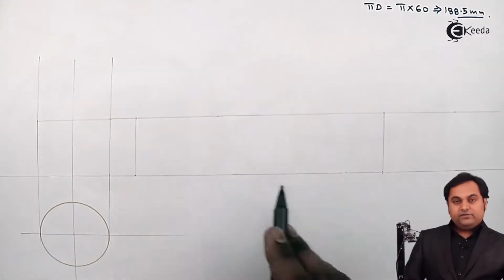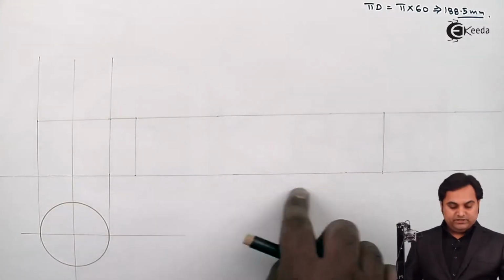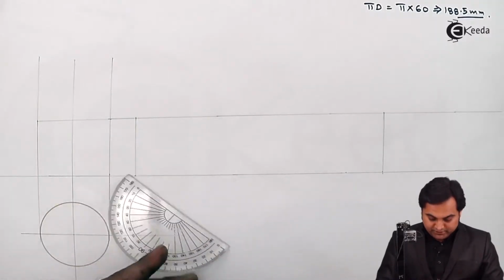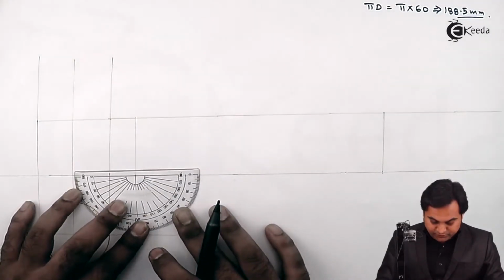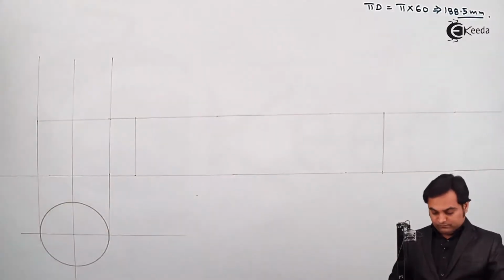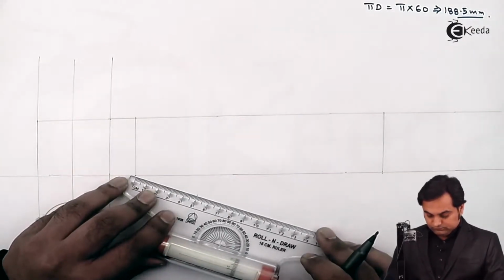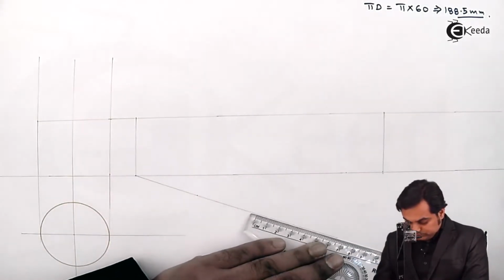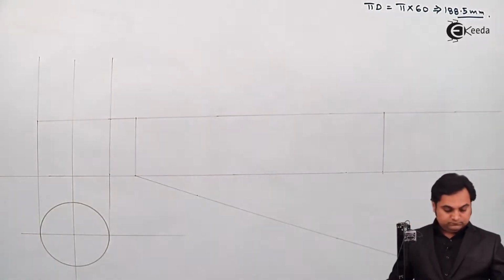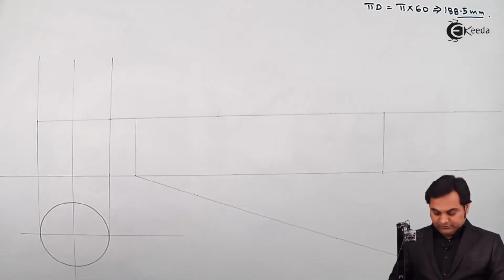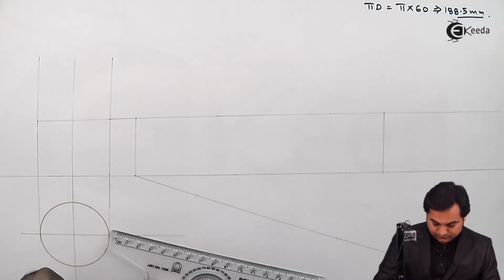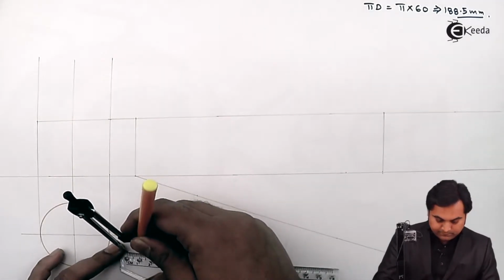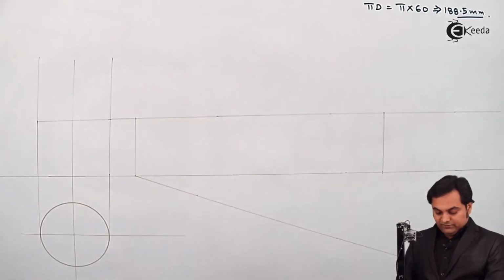Then I'll divide this circumference into 12 equal parts. For that, here I'll measure an angle of 20 degree, that is an acute angle. Taking 1 centimeter distance, and then making 12 divisions here.